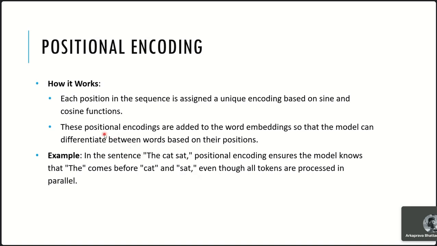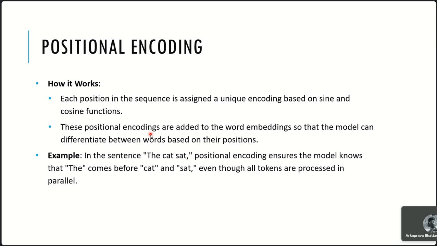And coming to the positional encoding, each position in the sequence is assigned a unique coding. That means based on the position in which they are. Okay, and the position encoding is calculated using sine and cosine functions. And positional encodings are added with the word embeddings.